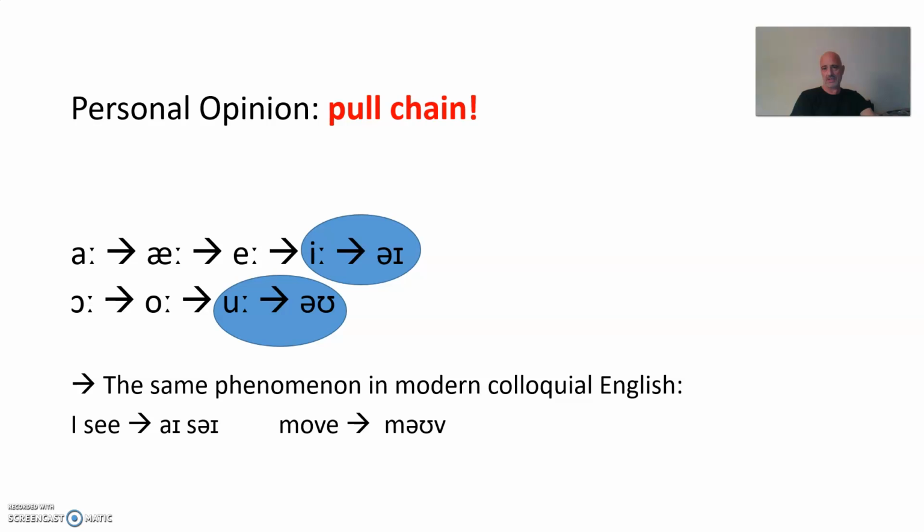Or from U to a diphthong. We have this in modern English still: a lot of people say "I say" instead of "I see," or "moove" instead of "move." My theory is that it started exactly there, with a diphthong, because there is a simplification, and then the other vowels filled in the place, first of all the high ones, and then the others follow suit.